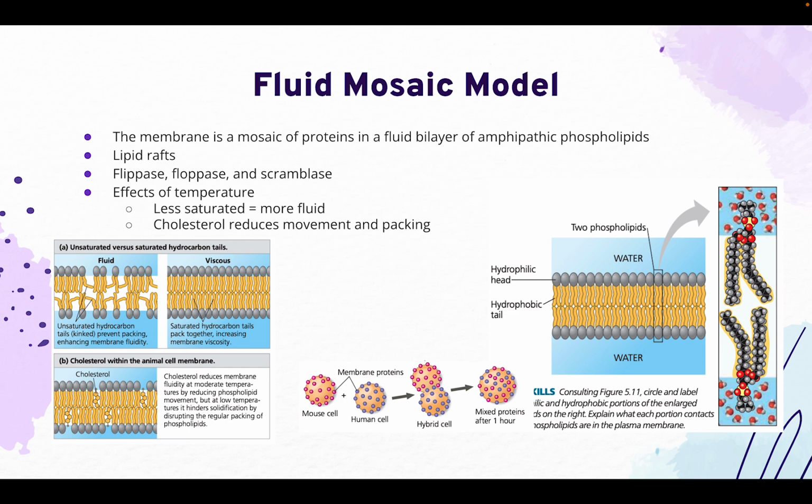Amphipathic means the phospholipids like water and they like nonpolar things. So that's what that means. And when we're talking about a mosaic of proteins, that means there's a diversity of proteins within our plasma membrane.